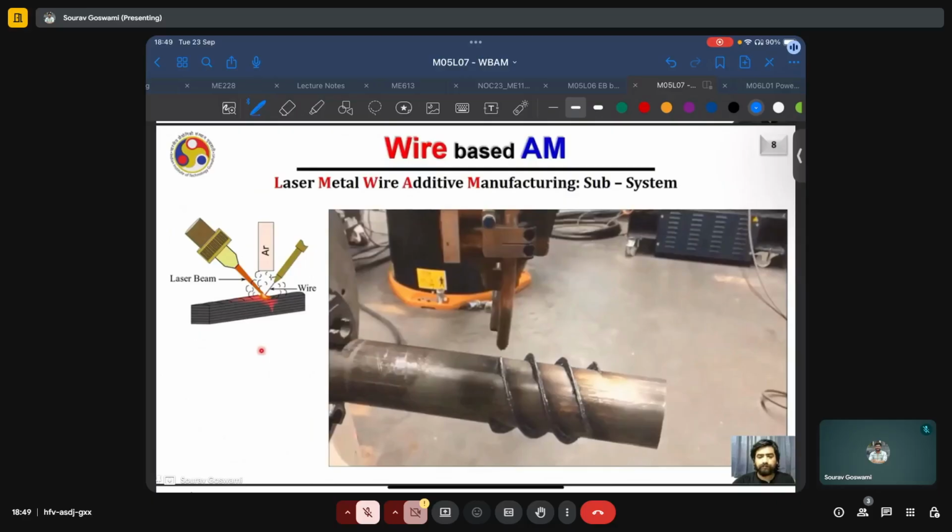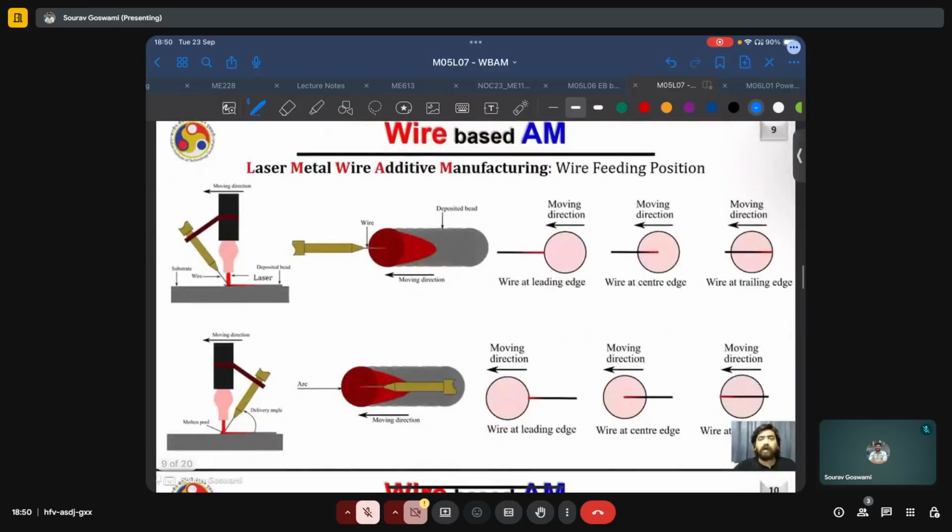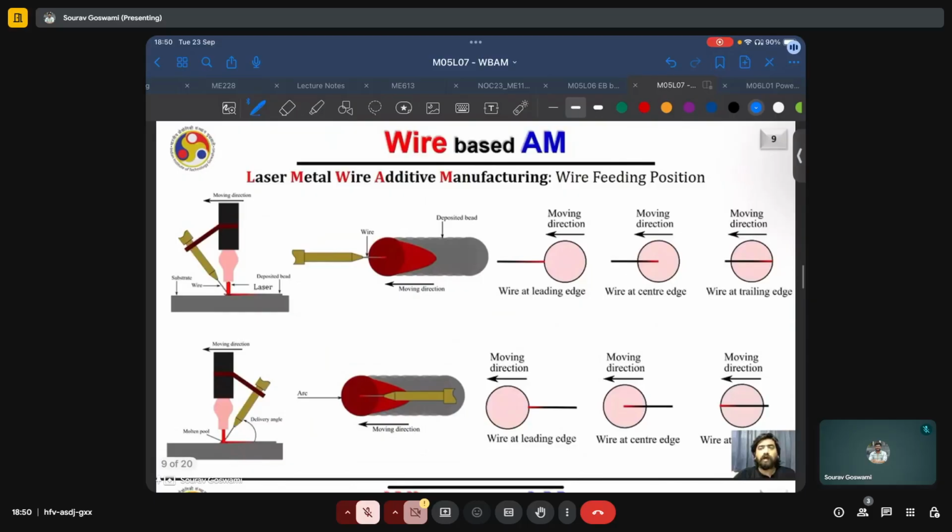As this cylinder rotates, this cladding head can deposit material around it in a spiral tool path and can continue moving. Here the deposition direction is fixed. Now, even with a fixed deposition direction, the wire feeding position can be different, and this in turn can have an effect on the isotropic nature of the material properties.